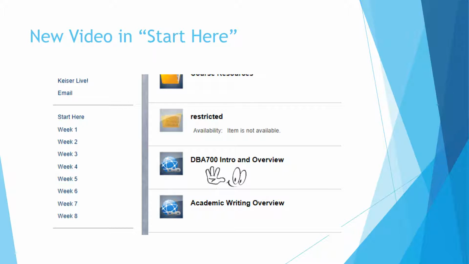Okay, so this week we're going to be focusing on the beginning of organizing the structure for an academic writing assignment, but the academic writing overview will provide kind of a fuller featured look at the entire subject area.